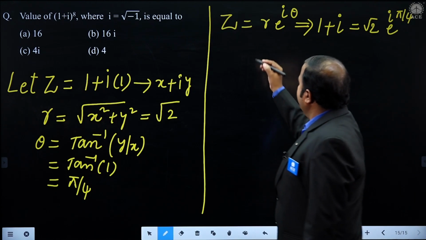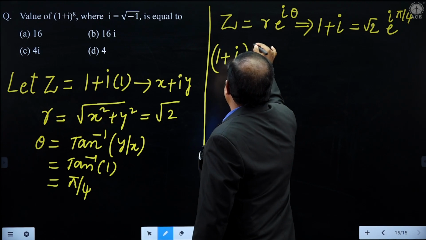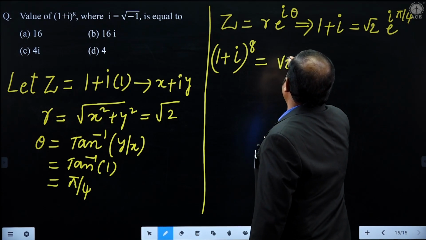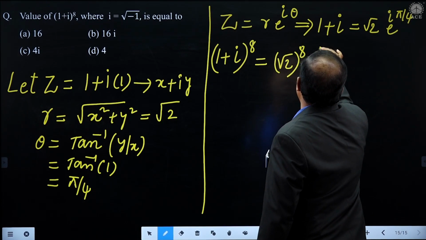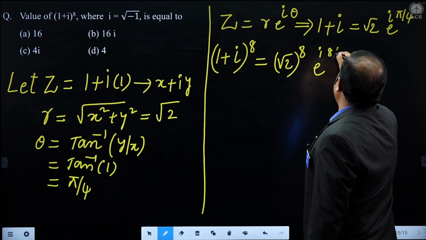So, we need 1 plus i raised to 8 only. So, it is equal to root over 2 raised to 8, e raised to i pi by 4 whole raised to 8, that is 8 pi by 4.